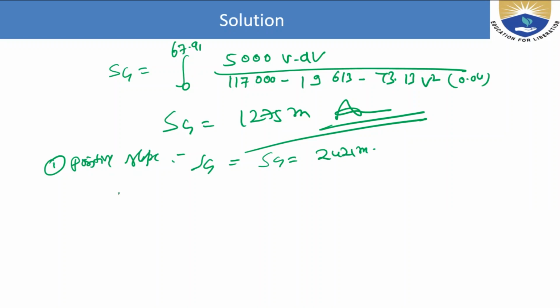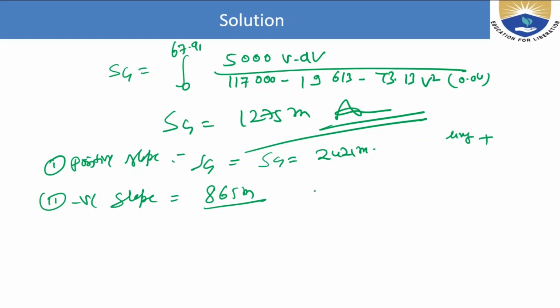And if it is a negative slope, then the mu mg will be positive here. So this will be reduced to 865 meter.